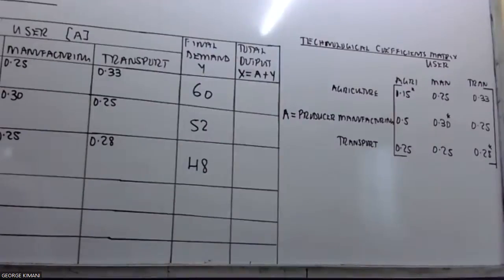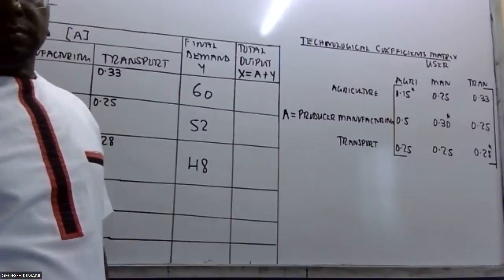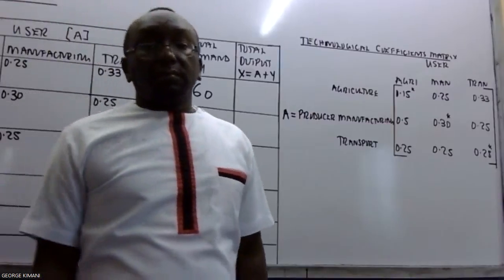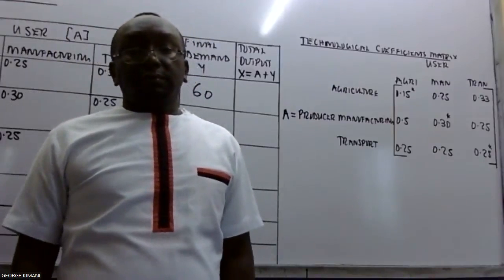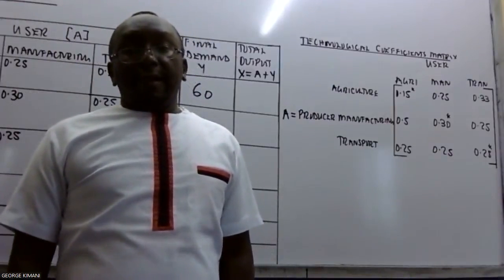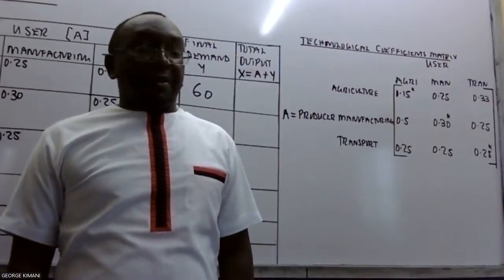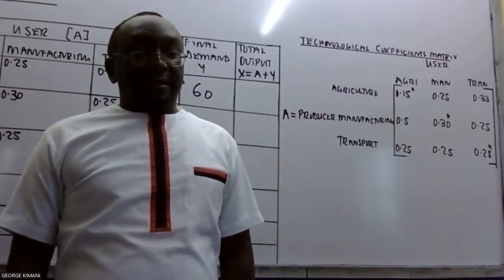So I'm assuming, like, you're planting beans, you need 0.25 for transportation and something from manufacturing, but 0 from agriculture. That's why I'm thinking it might be 0. For computation purposes, it can work. Yes, but for practical purposes, it is not.